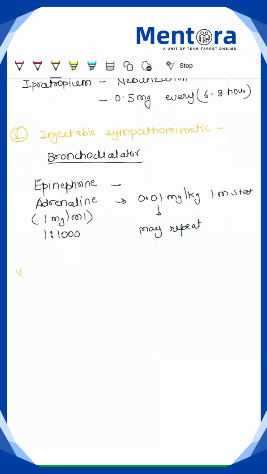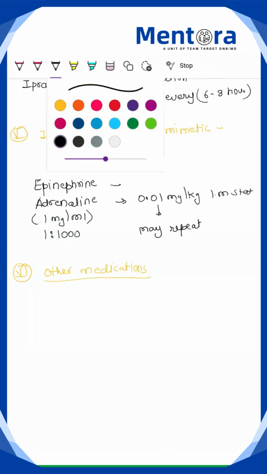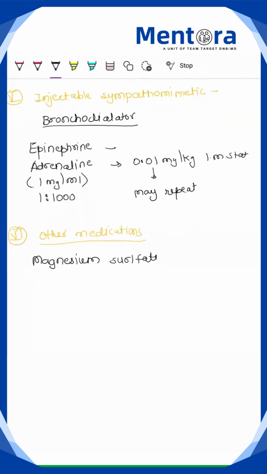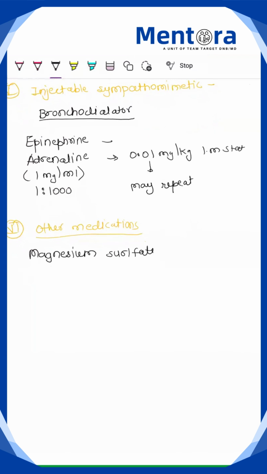If still there is no improvement, other medications we can add. It is magnesium sulfate. Given in the dose of 25 to 75 mg per kg over 20 minutes.